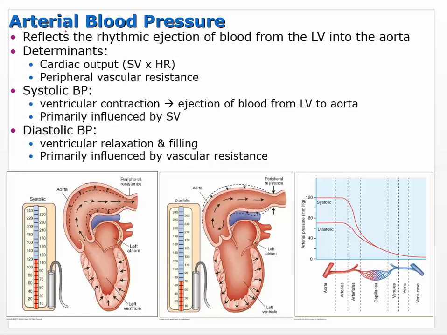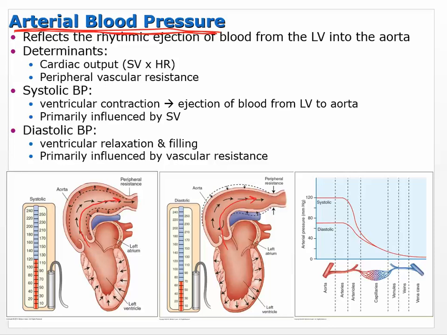Okay, so arterial blood pressure. We've been kind of talking about it, but blood pressure is obviously a problem with people. So when we're talking about blood pressure in the arteries, obviously we're leaving the ventricle, moving into the aorta, because we're talking about systemic. That's where we care about it the most.